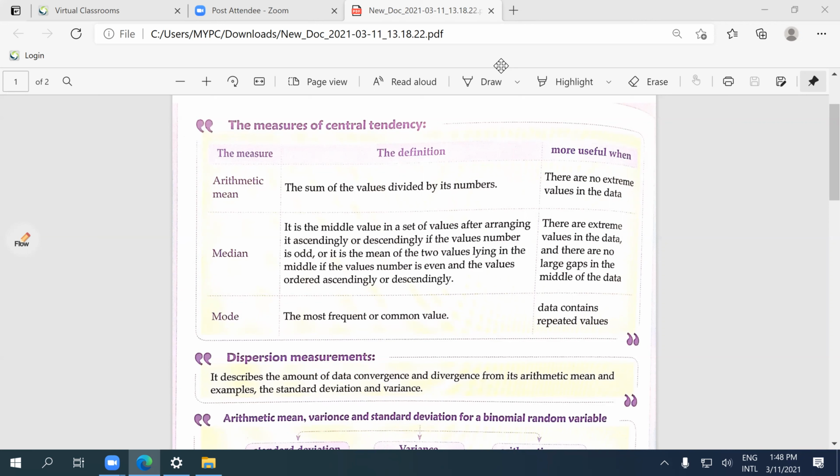Qualitative means no numbers, like nationality, the level of the students, the eye color, the gender, or the type of cars. All these values that don't deal with numbers, we can use the mode.